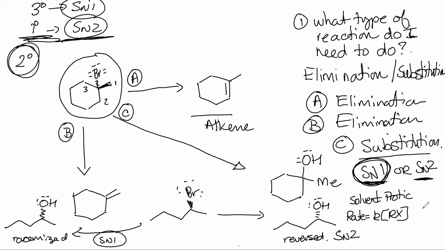So there is no nucleophile in this rate equation, so we're going to want to use a weak nucleophile to do this reaction. Our solvent needs to be protic, and the group we're attaching is a hydroxyl group. So what would be a good solvent to use in that case? Water, right.